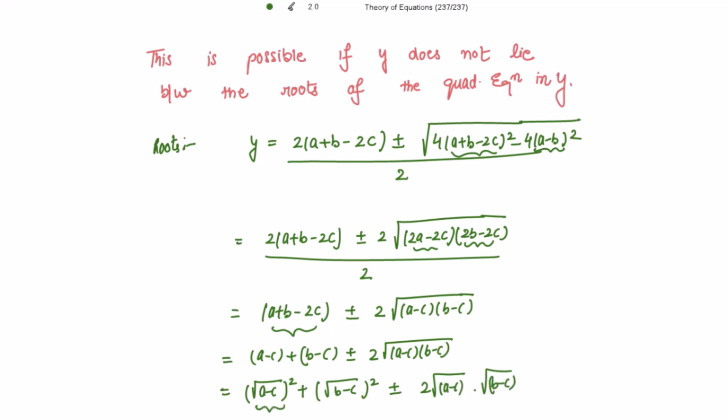If this is your complete a and this is your complete b, then this is (a plus b) whole square or (a minus b) whole square, right? So we get y to be equal to (square root of a minus c plus minus square root of b minus c) whole square. Now we know that this y should not lie between these roots, right?